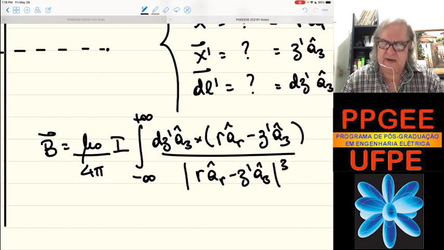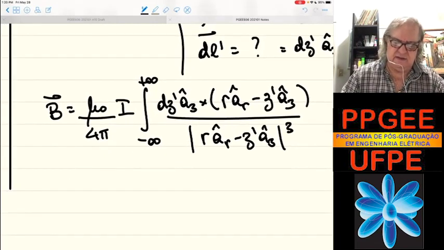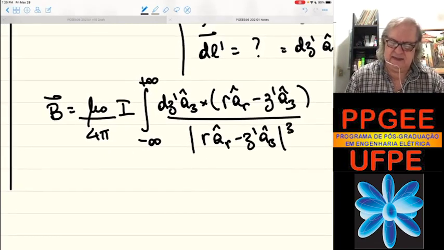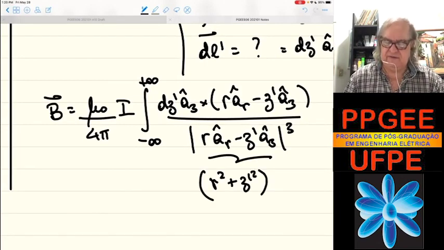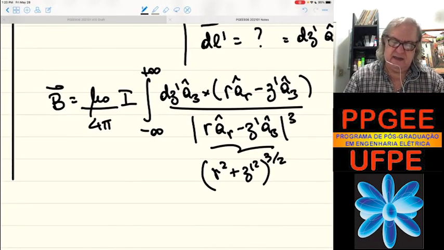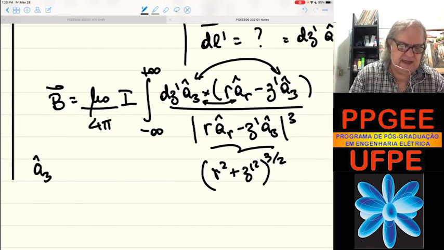So everything that's prime is variable here. Everything that doesn't have a prime is constant. These are orthogonal vectors, so the denominator is r squared plus z prime squared to the 1/2, to the third power, so it's going to be 3/2, right? The cross product between a_z and a_z is 0, so we have a_z with a_r. A_z cross a_r is a_phi.